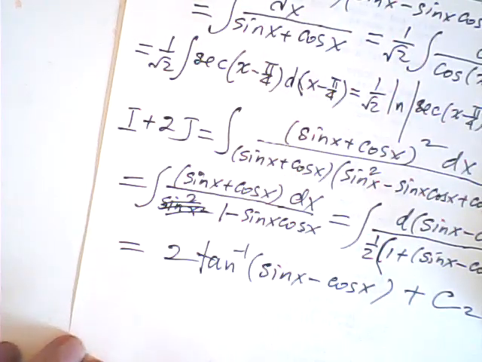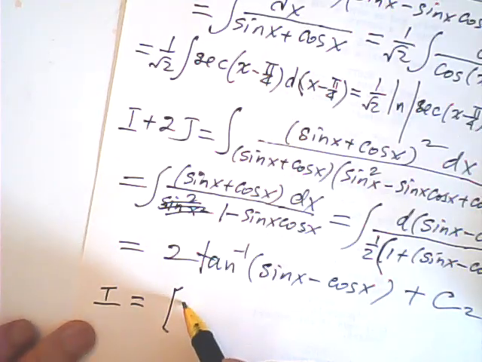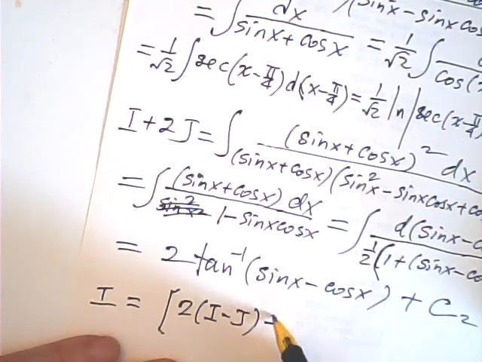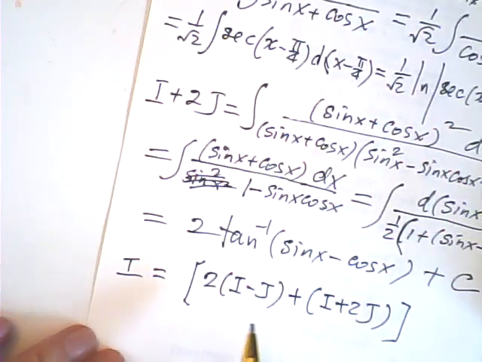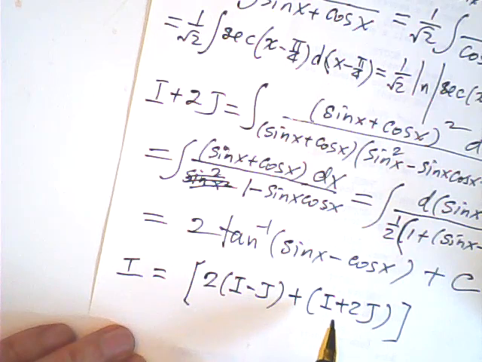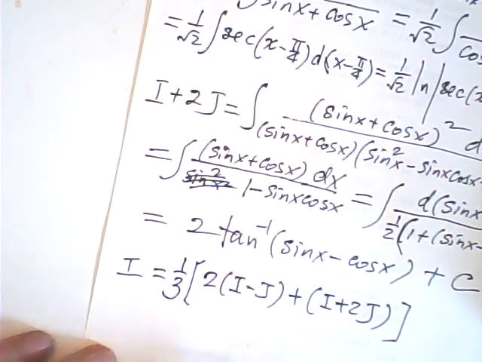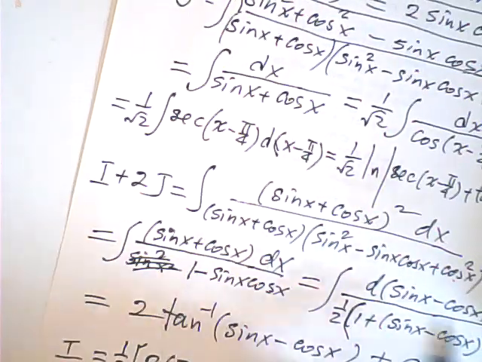Yeah. Then we can find I, right? We're looking for I. I is equal to I minus J plus I plus 2J. This is 3I. J cancels out, times 1 over 3. So we have I minus J, we have I plus 2J.